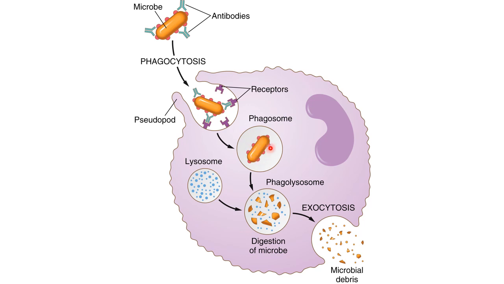This vesicle will then fuse with another vesicle, but this time this vesicle called the lysosome contains digestive enzymes. So yung bacteria or pathogen magfuse with the digestive enzymes forming the phagolysosome. And the microbe will be digested, and it will fuse again into the cell, releasing the debris.